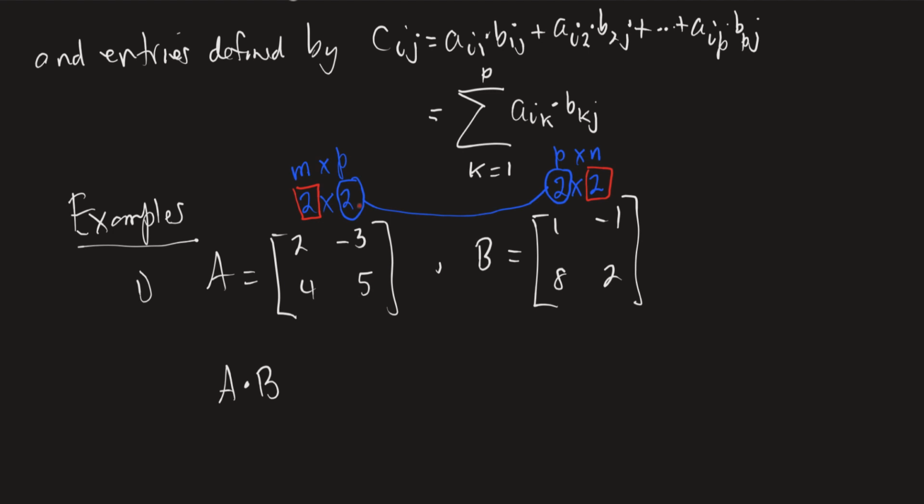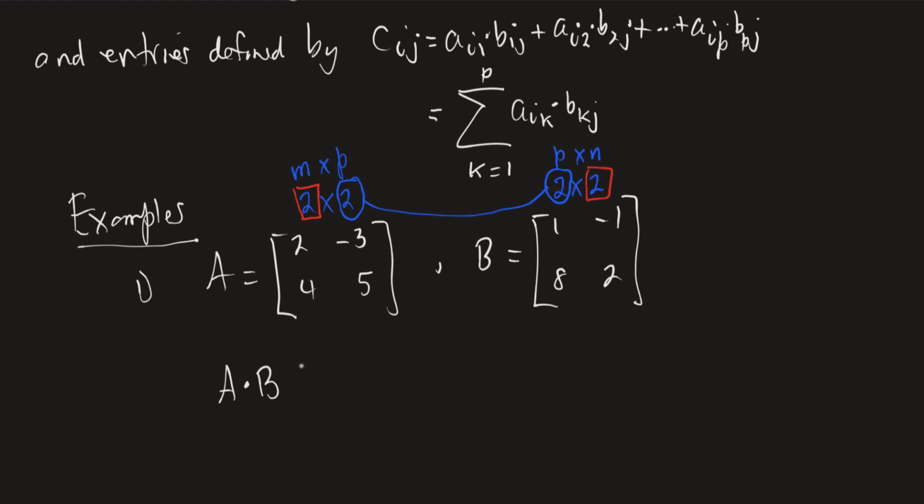So the fact that the first matrix has two columns and the second matrix has two rows, this tells me that AB is well defined. And then the remaining two here and the remaining two here tells me that the answer is going to be another 2 by 2. All right.